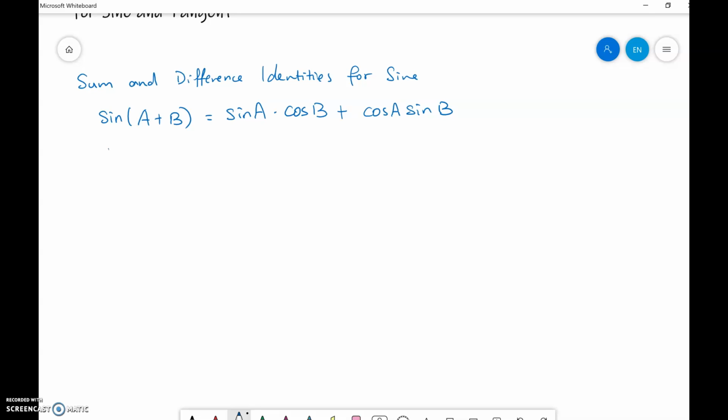And then the difference one, sine of a minus b, is sine of a times cosine of b minus cosine of a times sine of b.